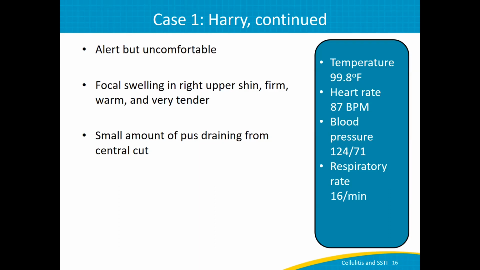And you see that in the middle of that swollen area, there is a little cut with a small amount of pus draining from it. So at this point, what would you like to do for Harry? Do you want to send some blood cultures, send a wound culture, go ahead and start him on some antibiotics with vancomycin and ceftriaxone, or should we send him to the emergency room?